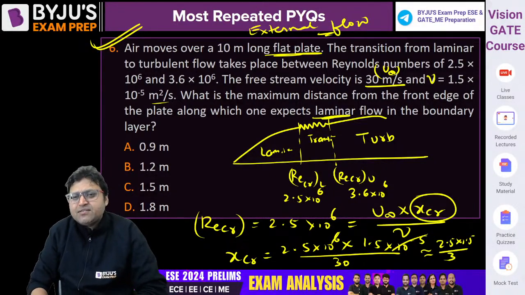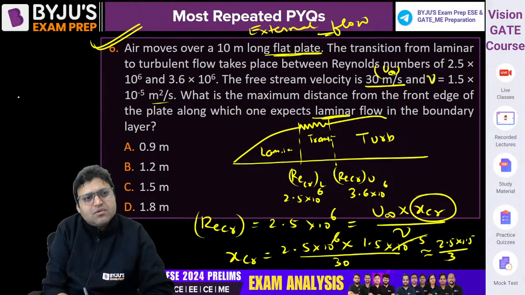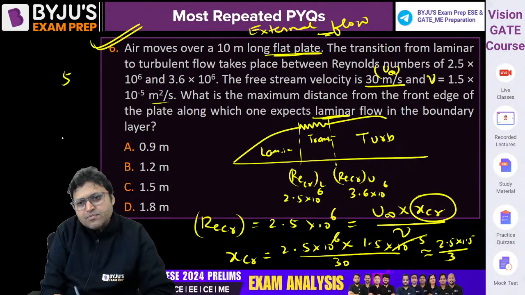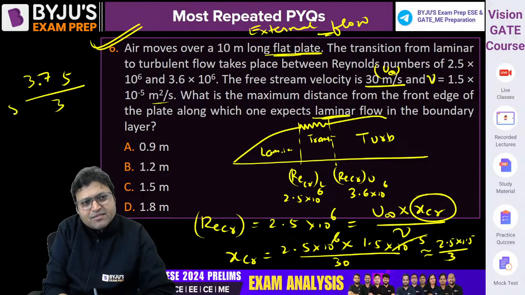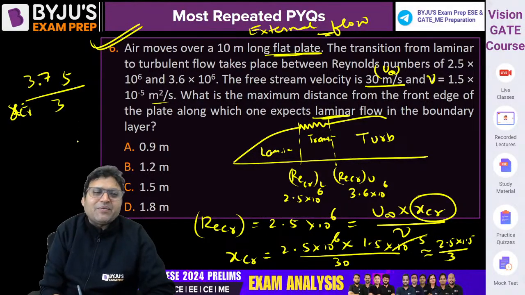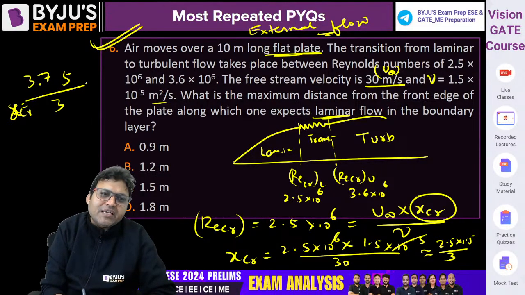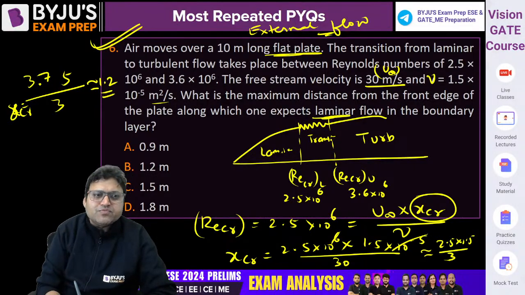How much is that? 3.75 divided by 3. So it is greater than 1, around 1.2.